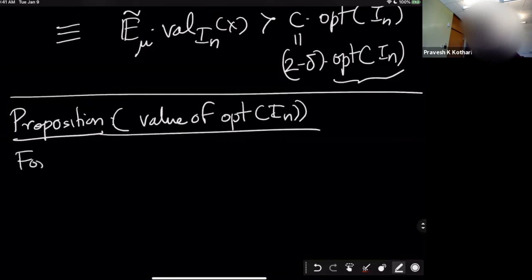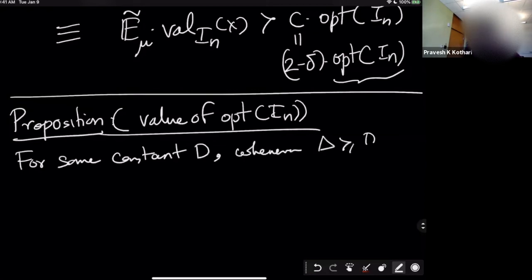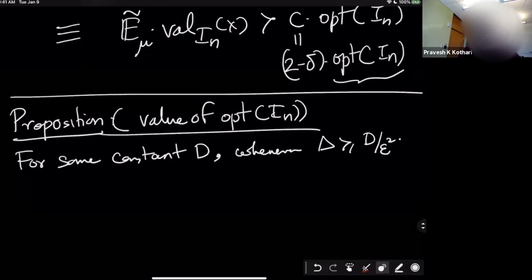So for some absolute constant d, whenever delta is bigger than d over epsilon square. Remember, I sampled each constraint with probability delta n over n choose k. And this funny number was chosen just so that, in expectation, I have about delta n constraints.